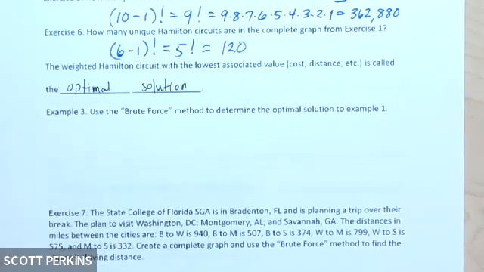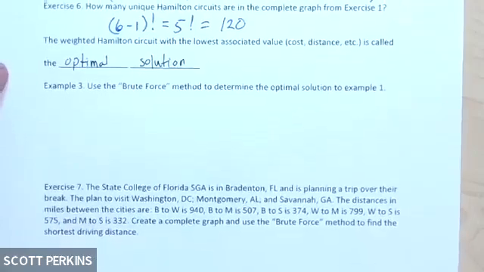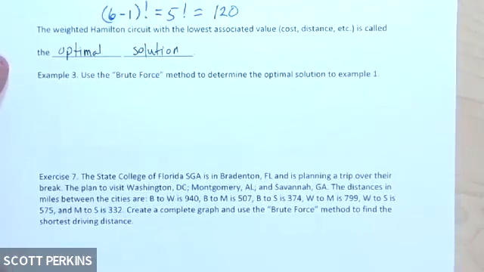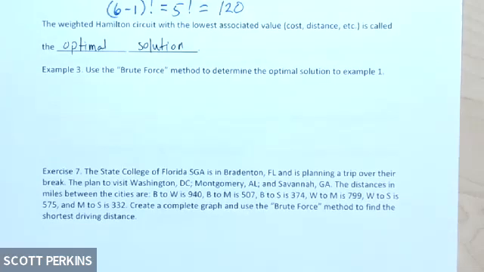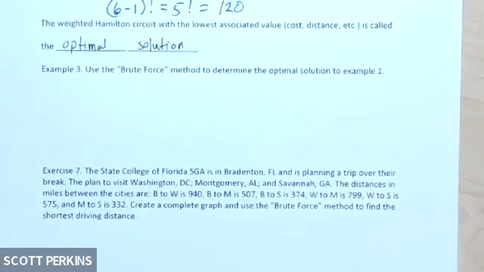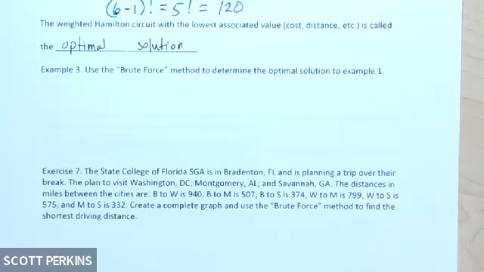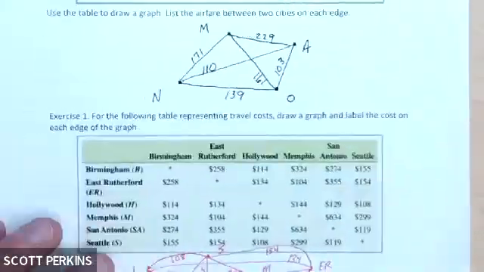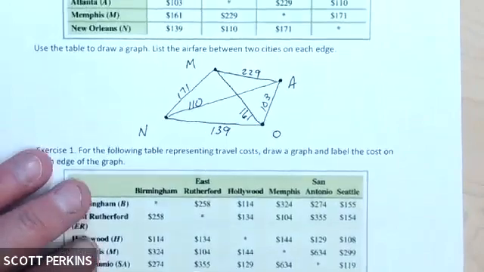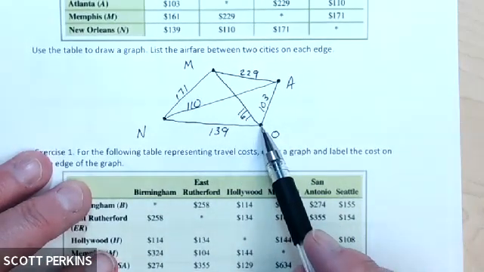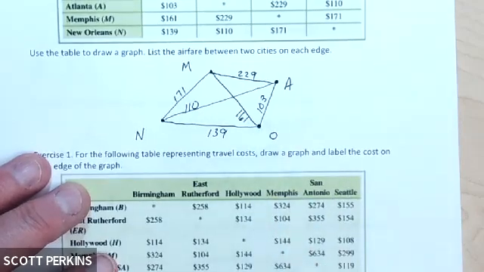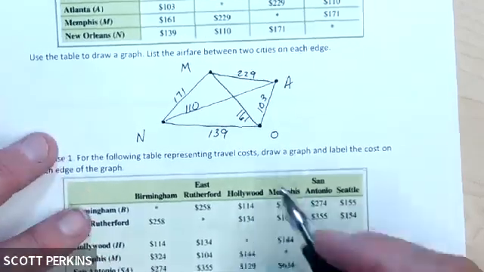So rest easy. Example 3 says, use the brute force method to determine the optimal solution for example 1. So we're going to help Priya from example 1 find the optimal solution. She's starting in Orlando, so we're going to list out all 6 possible options for her.